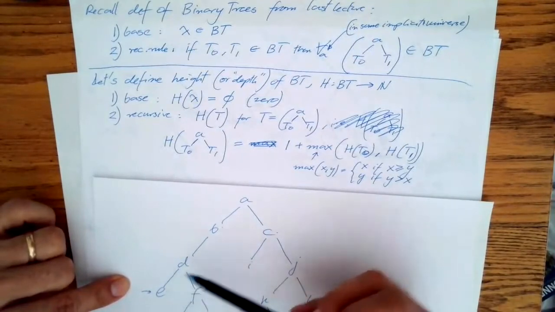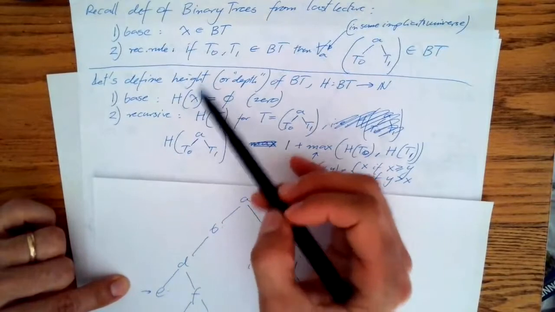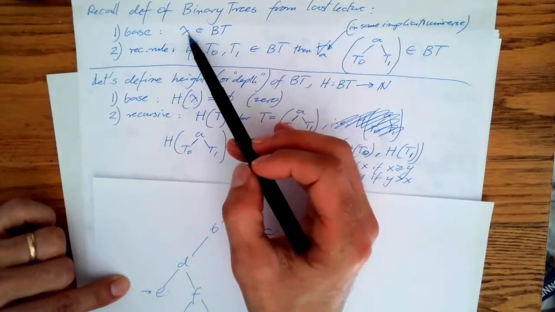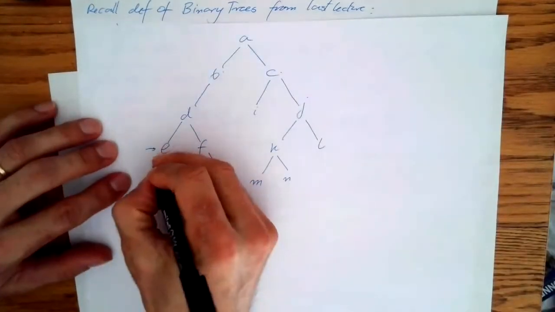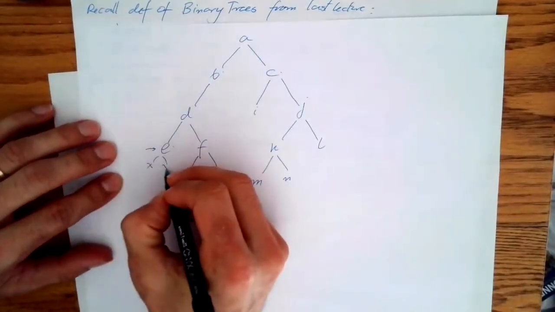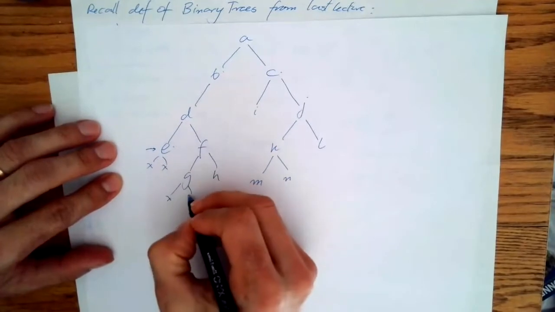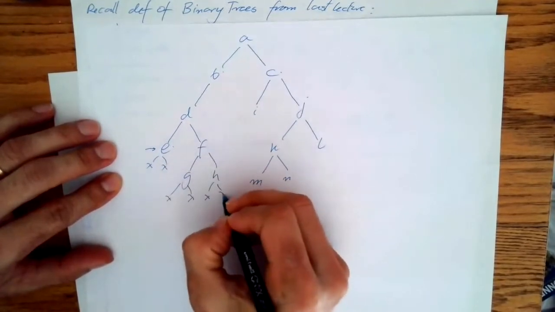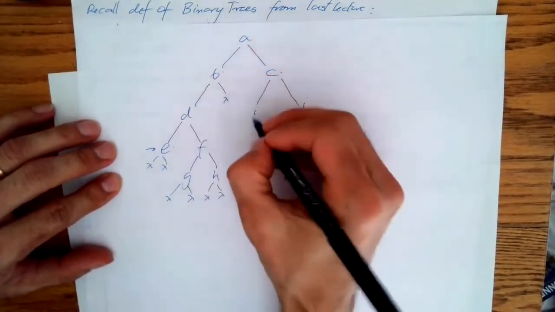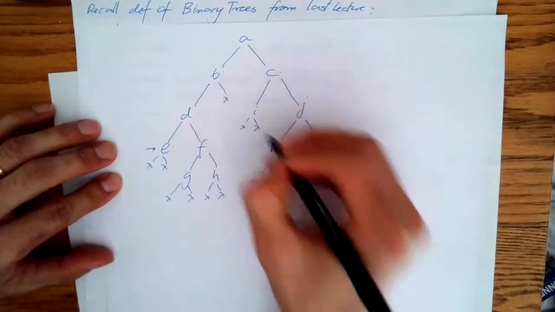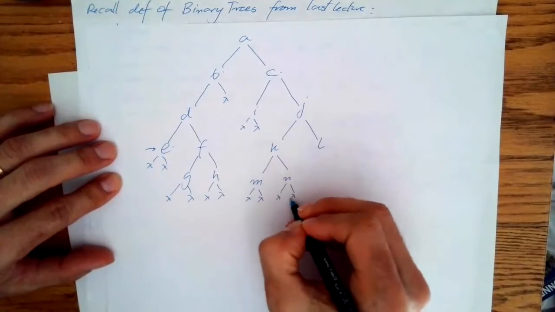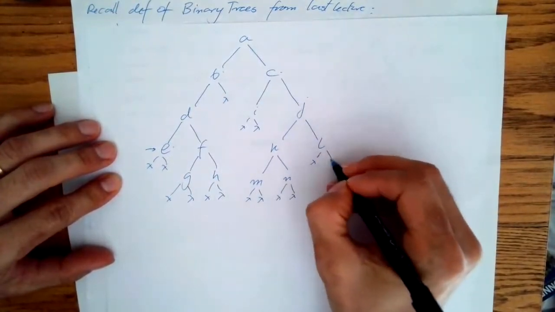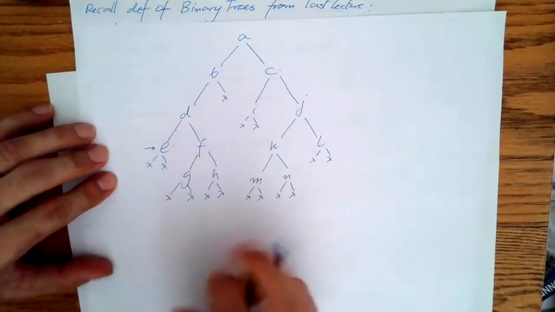So a leaf is not a base case yet, right? The base case is an empty tree. So really, these are all base cases. The base cases look like this. This is kind of manic, but I have to do it for illustrative purposes. Okay, and now I have the complete derivation.